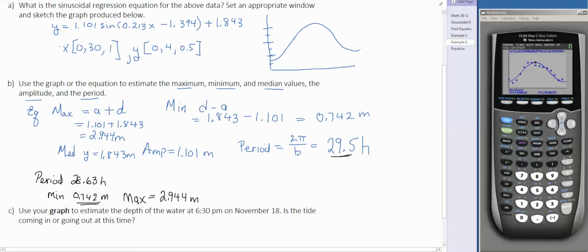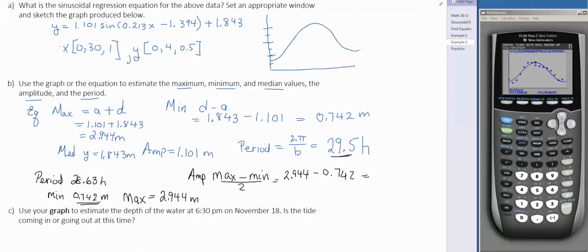Now, this allows us to calculate our amplitude because we can take the maximum and subtract the minimum, divide it by 2, and that gives us our amplitude. So 2.944 minus 0.742, let's go and calculate that. 2.944 subtract 0.742, get that division, divide it by 2.